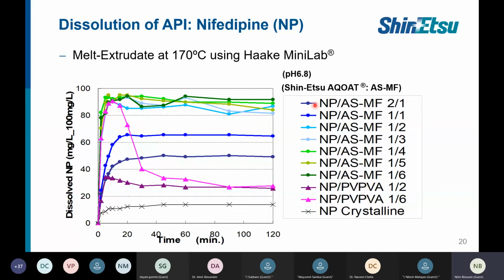Over and above, 1:3, 1:4, 1:5, 1:6, all these proportions give better results and maintain the supersaturation. Whereas using PVP based 1:6, initially solubility was increased, but after some time it dropped down. This is all the study conducted at pH 6.8 for all the extrudes.